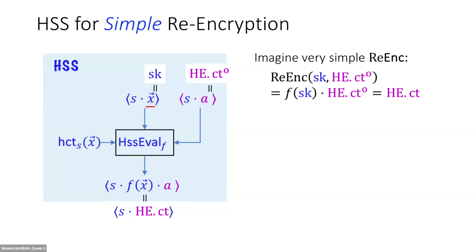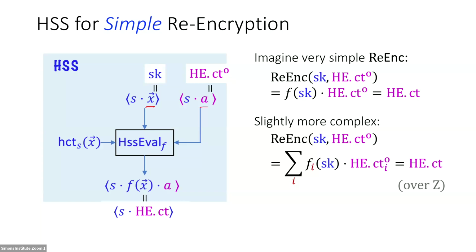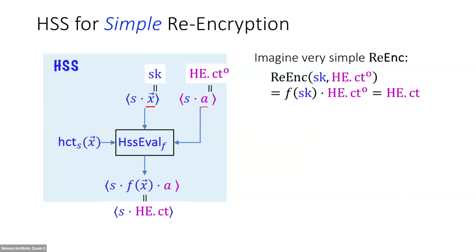And it actually guarantees the privacy of all the values. So suppose my re-encryption is extremely simple. It's simply take my ciphertext, multiply with some function of the secret key. Well, this fits right into HSS, right? Because the ciphertext is going to be my A, and X is my secret key.